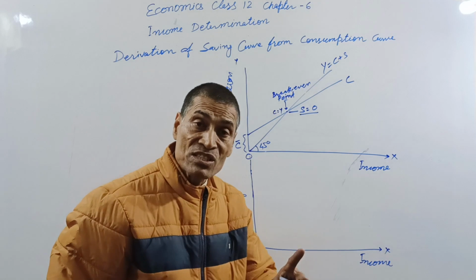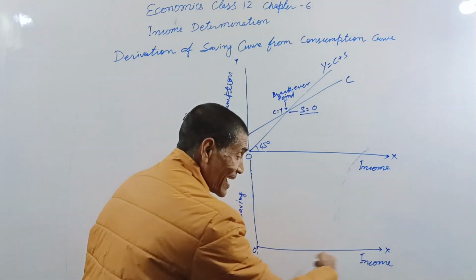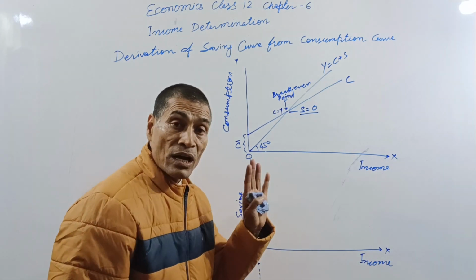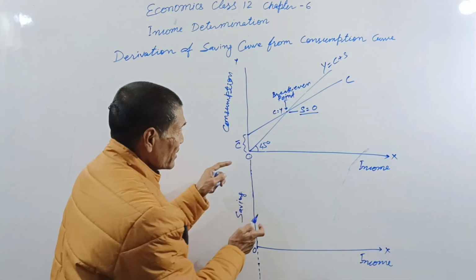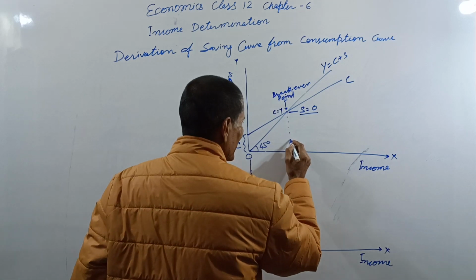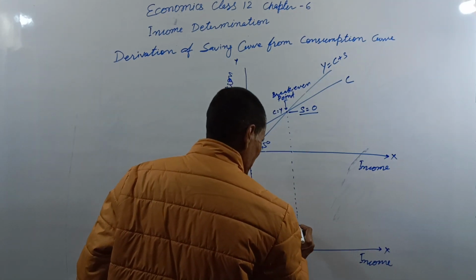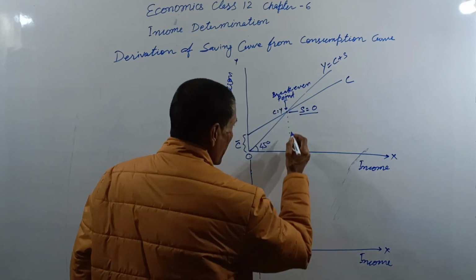So on the consumption saving curve, saving will represent 0 at the x-axis. Anywhere on the x-axis, the value of y will be 0, and on the y-axis we are measuring saving. So draw a perpendicular line and get one point on the x-axis. Suppose we get a point here.